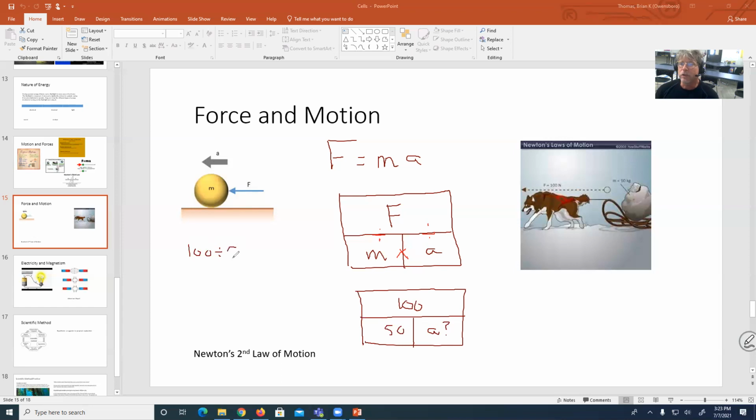And on the GED test, you would be given a calculator. And 100 divided by 50, in other words, how many 50s go into 100, would be 2. So the acceleration would be 2 meters per second squared. And that's described as acceleration.